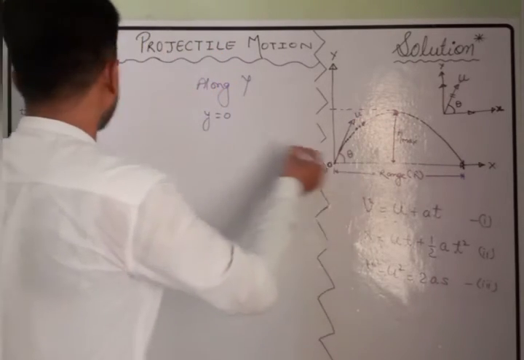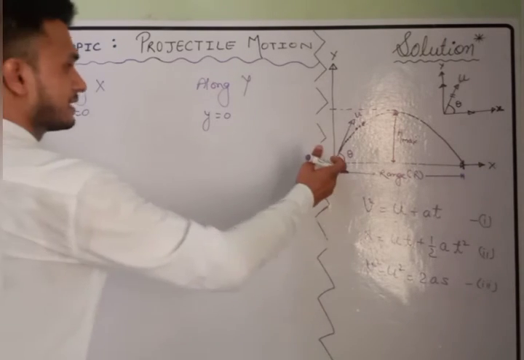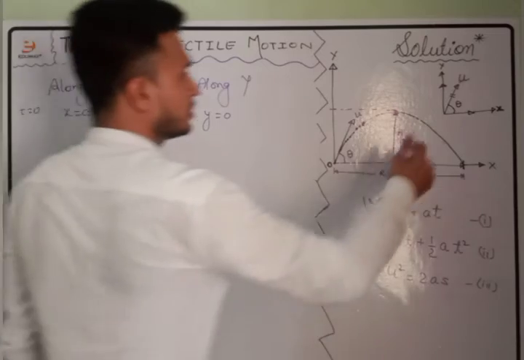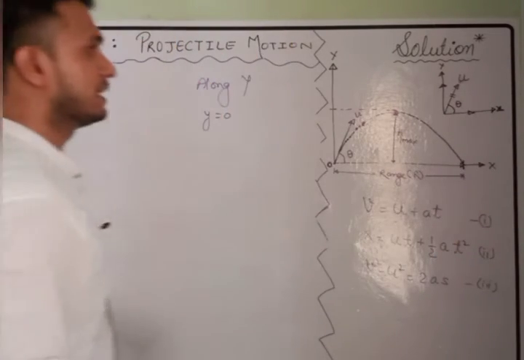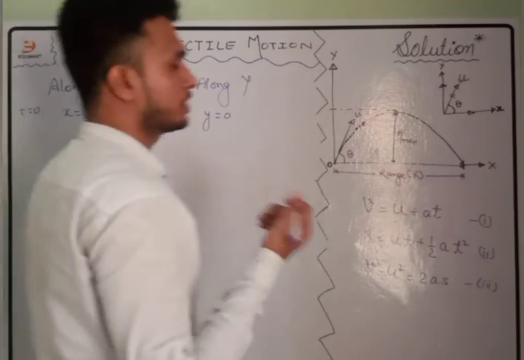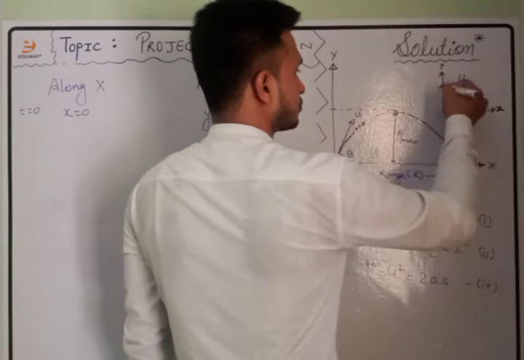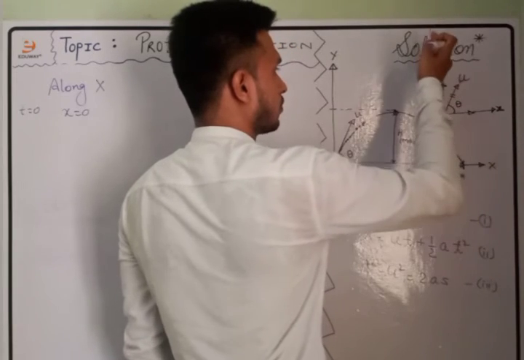Initially, when time t was 0, you gave it some velocity u at angle theta, the angle it makes with the horizontal or x direction. With the knowledge of vectors and trigonometry, we can resolve this u into two perpendicular components along x and along y.